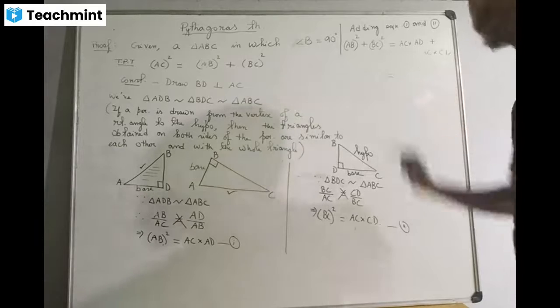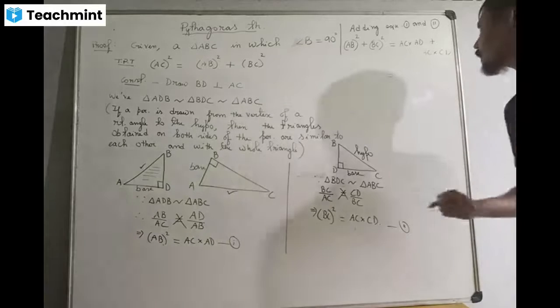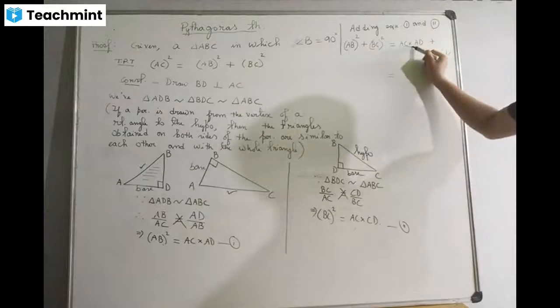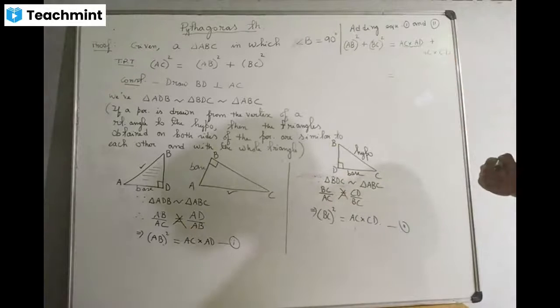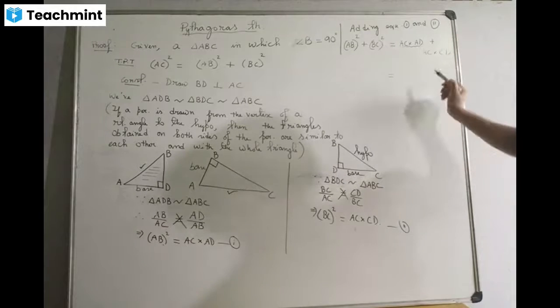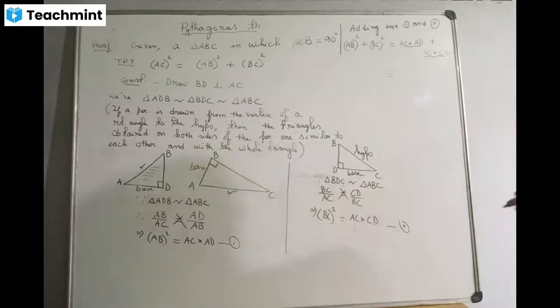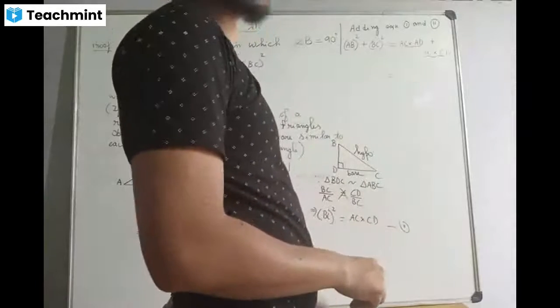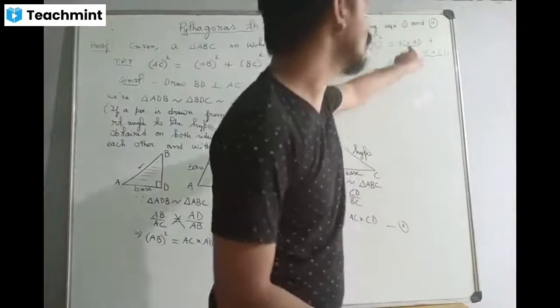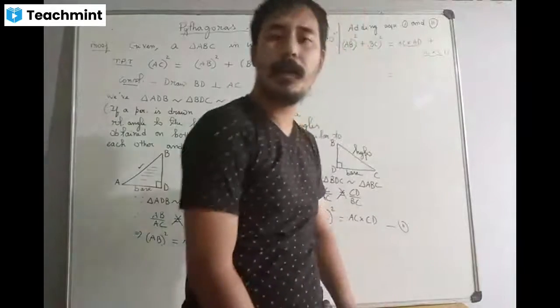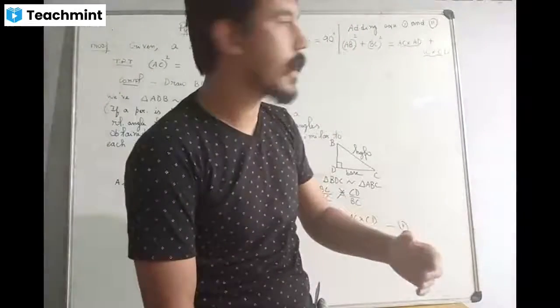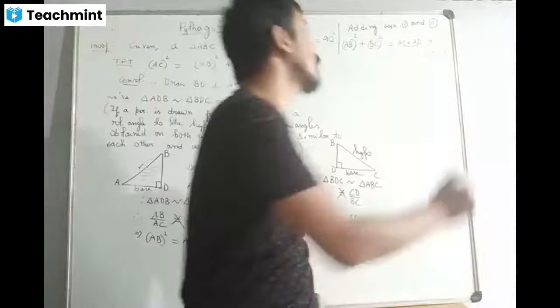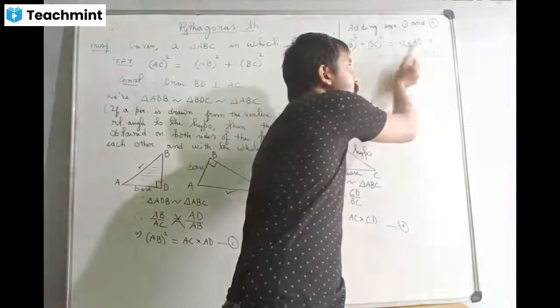Now you see, class. Look at the right-hand side. This is your first term, AC into AD, and this is your second term, AC into CD. From these two terms, what do we have in common?